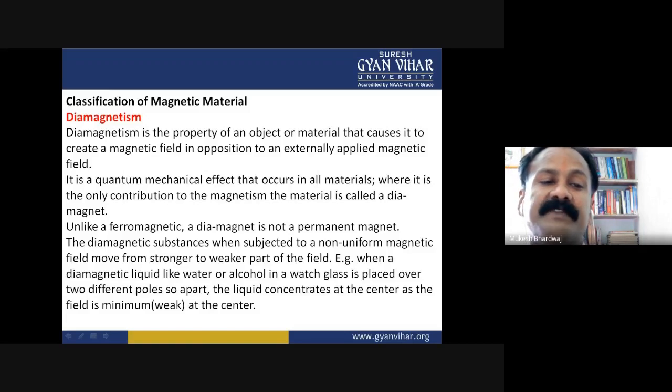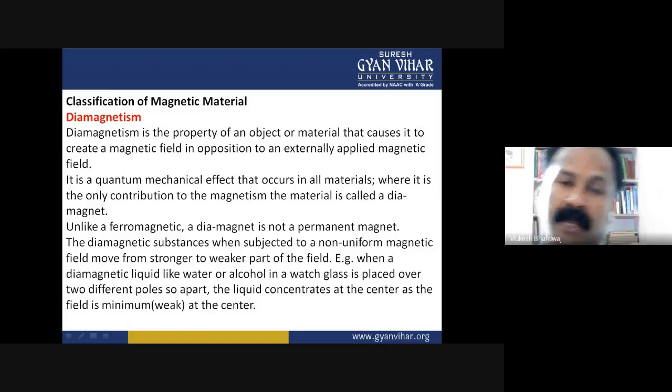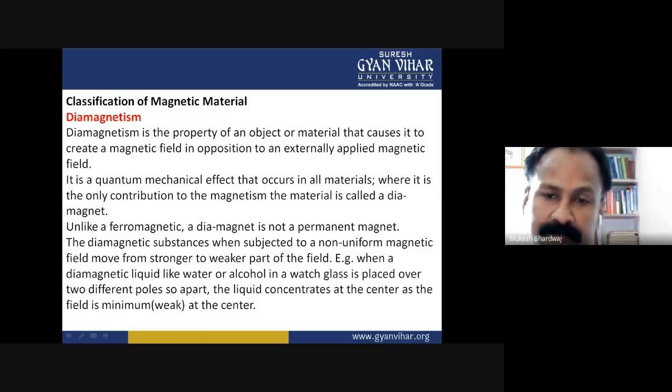Briefly, the manifestation of magnetic behavior may be attributed to electron orbital motion, to electron spin, and to nuclear spin. These are some basic characteristics on which we are going to classify the magnetic materials.